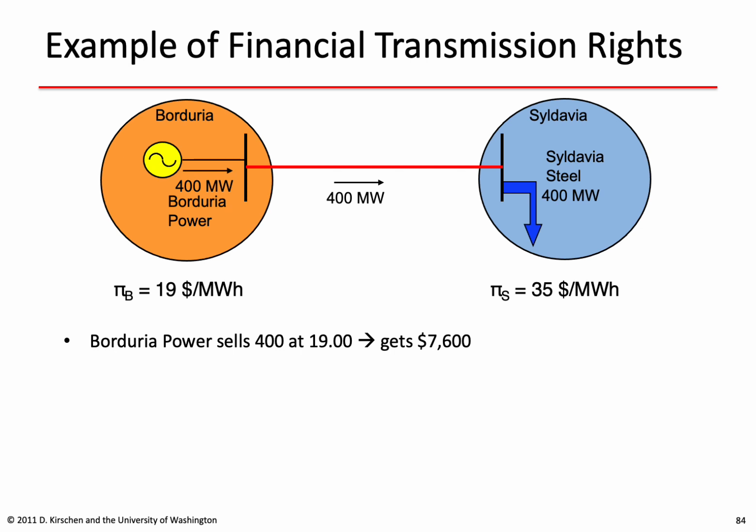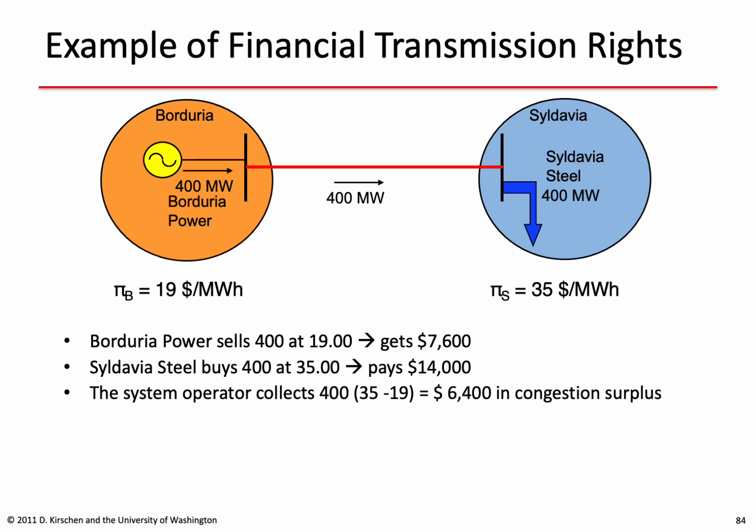Borduria Power sells 400 at 19 and therefore gets $7,600. Syldavia Steel buys 435 and therefore pays in the centralized market $14,000.